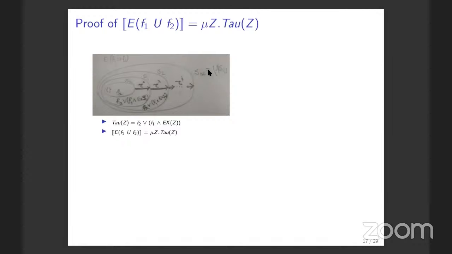See, what you really want to prove is this. For simple things, maybe even for CTL operators without fairness, you could probably get an intuition.